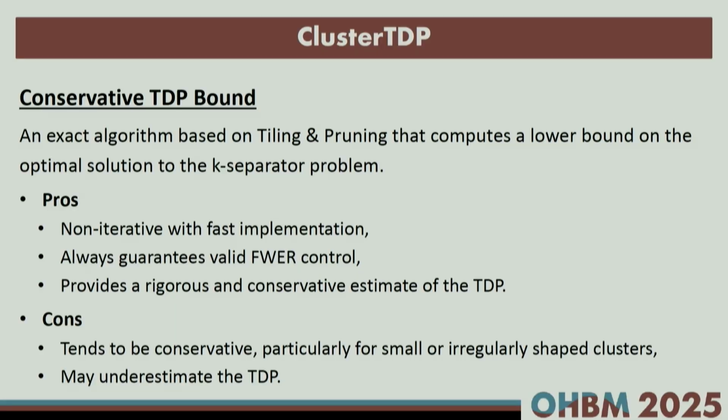So this cluster TDP tool tends to give you a conservative estimate of the TDP, and it will become very small, particularly for small or irregularly shaped clusters. However, this algorithm is non-iterative, so it can run really fast. And more importantly, using this algorithm, you will be able to control the false positive error rate all the time.